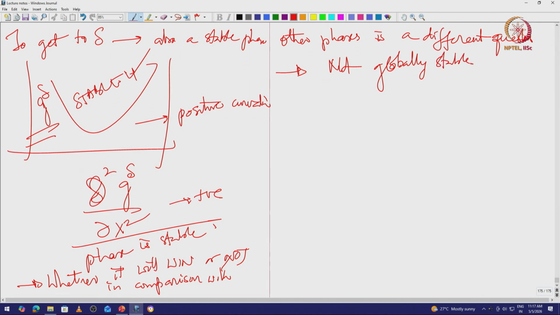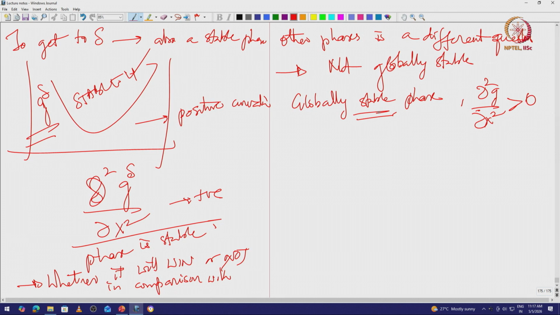right, which means there is some other phase. Globally stable phases are stable, which means their dou 2 g by dou x 2 is greater than 0, their curvature is greater than 0 at that x 2, right, and the g of that particular phase is the lowest, right. So, I have a few phases, right.